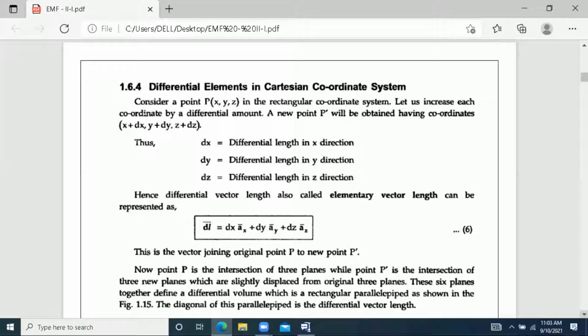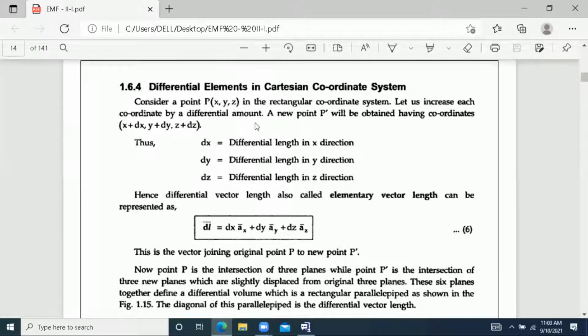The cylindrical coordinate system and the spherical coordinate system. So in the Cartesian system, we are going to operate in the X, Y, and Z. All right?